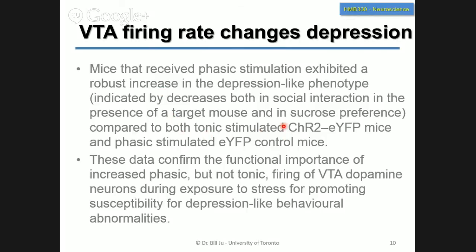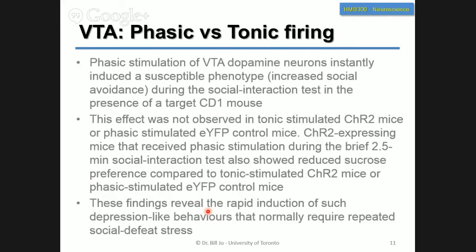And again, compared to their control mice where they have EYFP but no rhodopsin associated with it, when you shine light on it, these don't activate at all. So it's a good control in terms of phasic stimulated mice. So this confirms the functional importance of phasic firing pattern differences in the VTA to nucleus accumbens that during exposure to stress will lead to things like depression, at least animal models for depression, whether it's interactivity or sucrose preference.